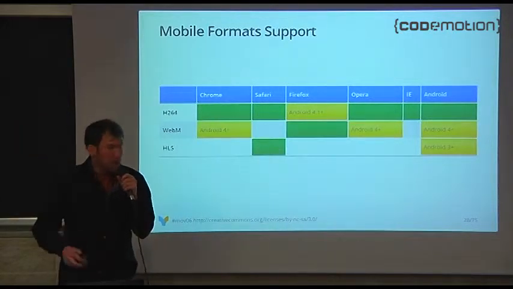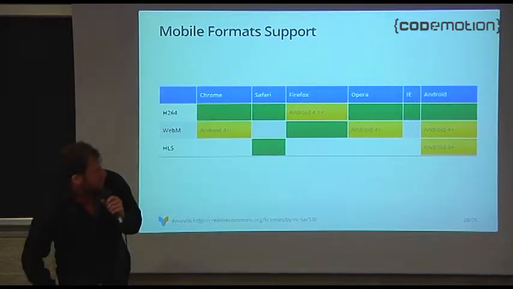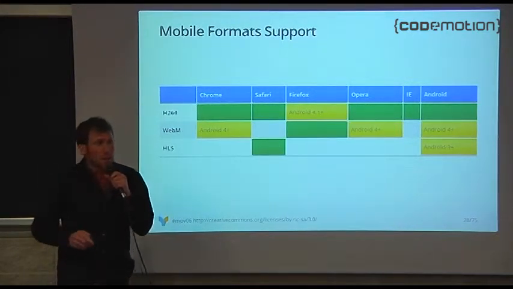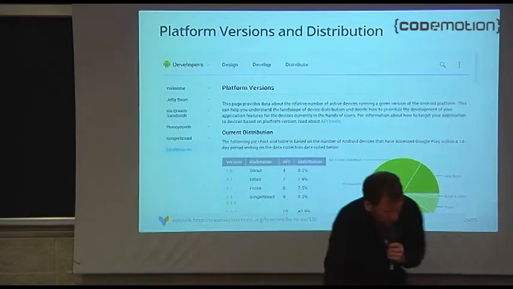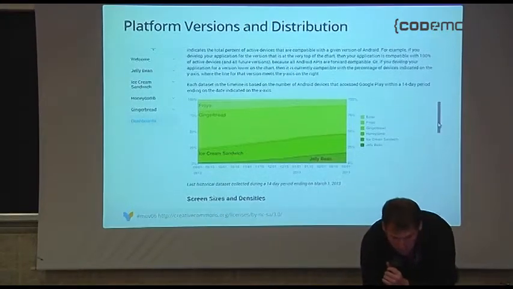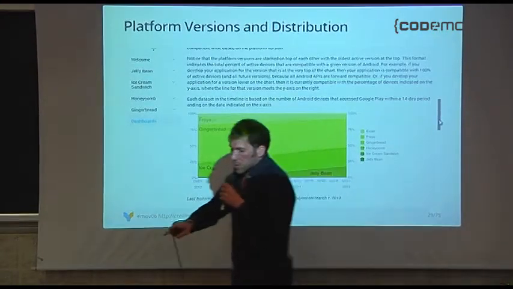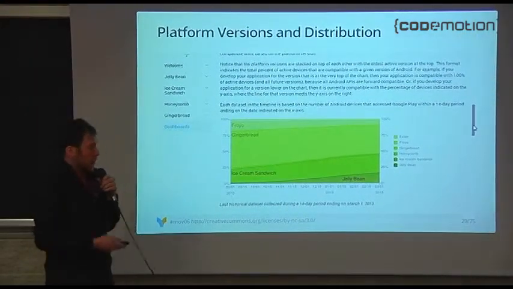And you might be thinking to yourself, oh, okay, maybe I can just do H.264. Everybody's on a newer version of Android. Well, you won't be that lucky, because if I scroll down here, we can see that the distribution for Android users is a wide distribution.